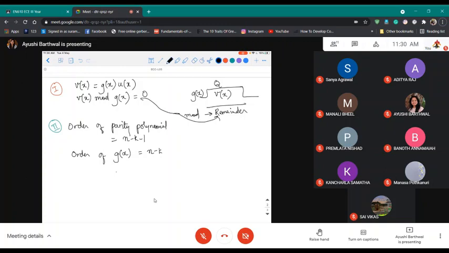So if I divide p(x) by g(x) and take its remainder, that would be equal to p(x) only.